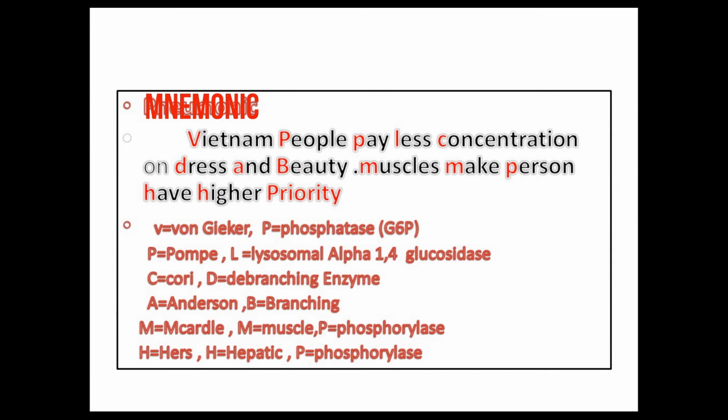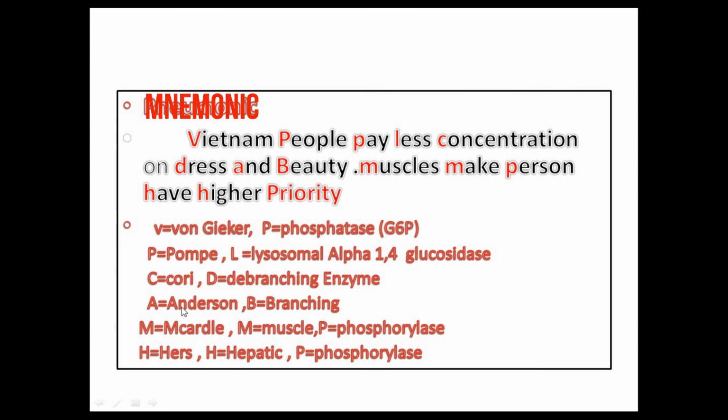According to this mnemonic, the first letter makes a word, the next word has the name of the enzyme, and the first word has the name of that disease. Like Vietnam: V is for von Gierke type 1, and the next one is P for phosphatase, and the next one is P for Pompe, and N for lysosomal alpha 1,4 glycosidase.